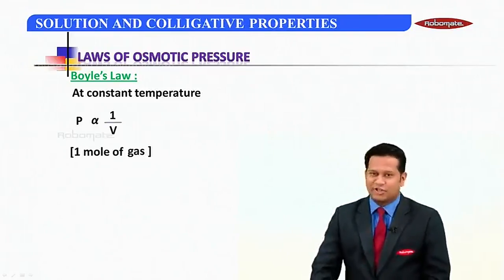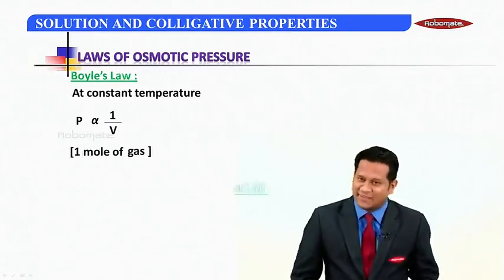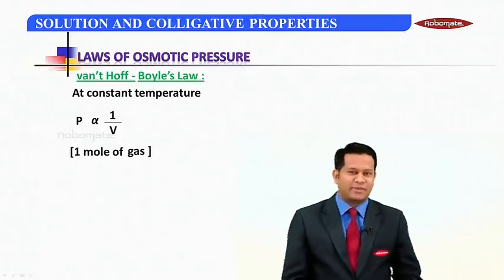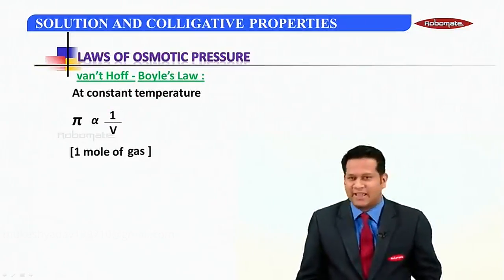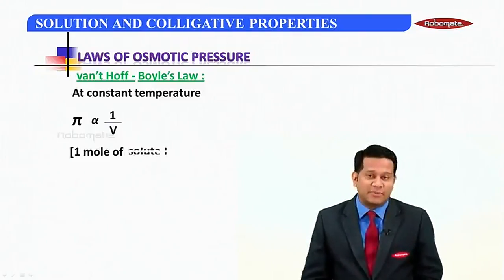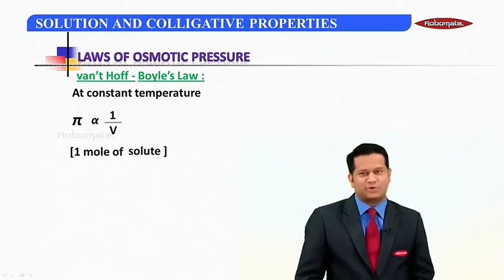Now for solution, the modification is first of all the name itself. The name will be Van 't Hoff Boyle's law, where P will be replaced by pi and 1 mole of gas will be replaced by 1 mole of solute.